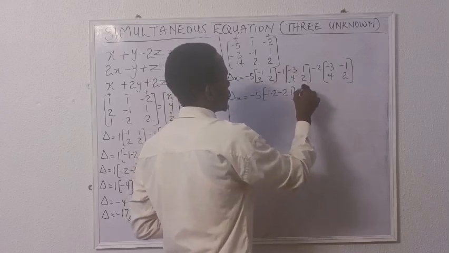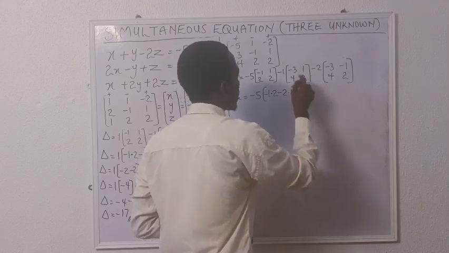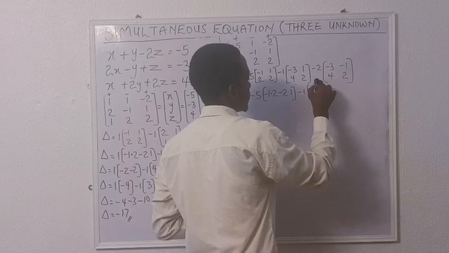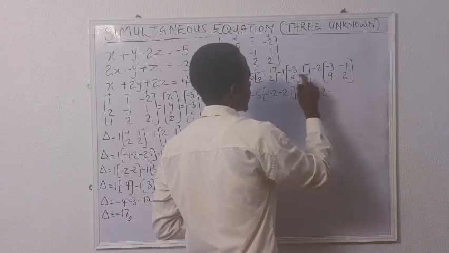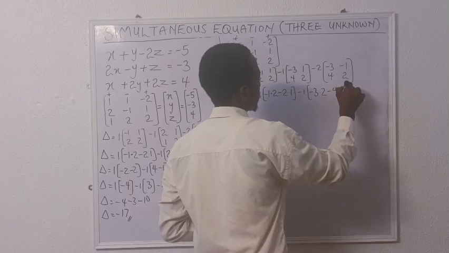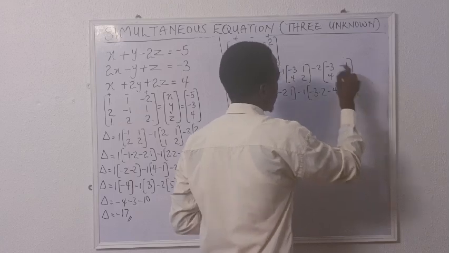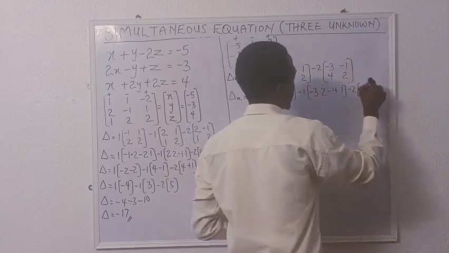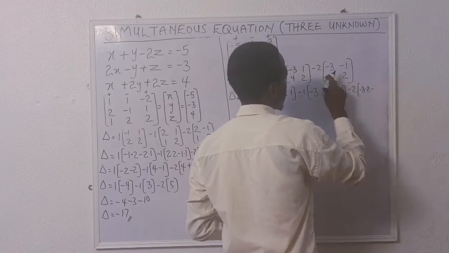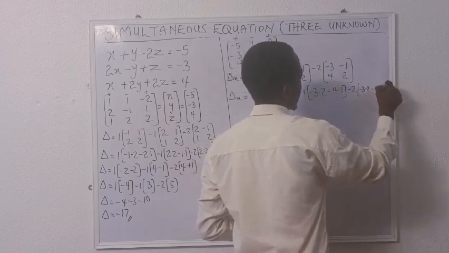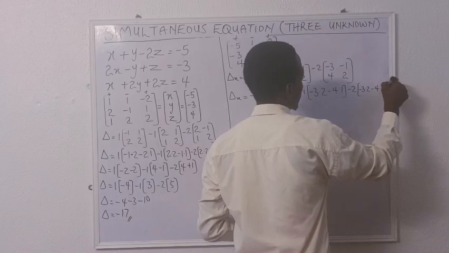The same thing will continue: minus 1, minus 3 times 2 minus 4 times 1. And the last one, minus 2 in brackets, minus 3 times 2 minus 4 times minus 1.